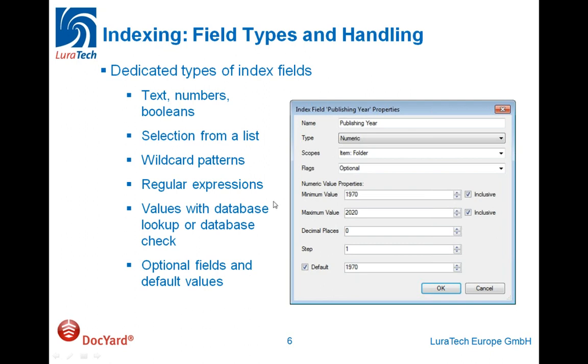And if you have a short look on this screenshot on the map, you see, for example, in the last line there is a default value defined, which is 1970, which will cover most of the cases in this workflow. And you can also define a minimum value or a maximum value if you look at the middle of this screenshot. But we will see this in more detail later in the demonstration.